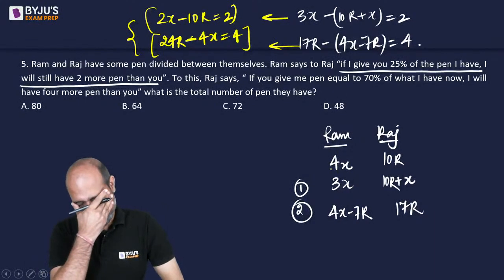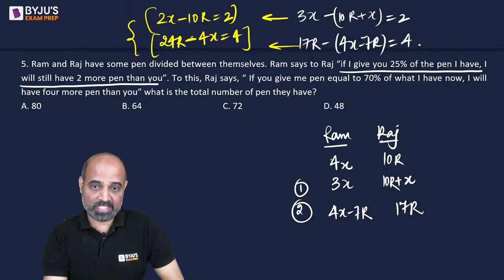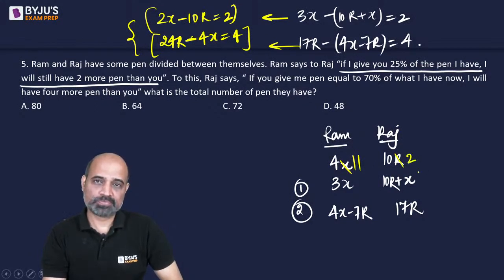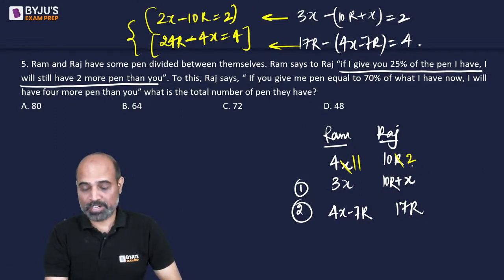If I take x as 11 and if I take r as 2, so I will have 44 and 22. So 44 and 20. So 44 and 20.